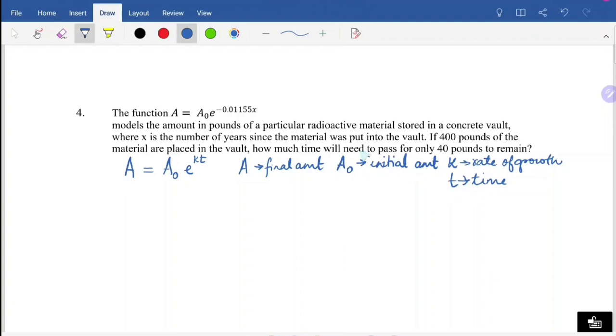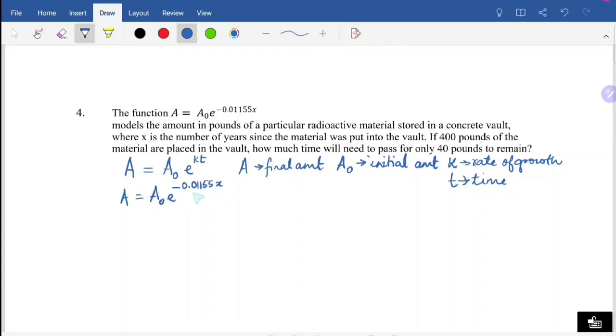So in this particular example, what we have been given was A equals A sub 0 e raised to the power negative 0.01155x.